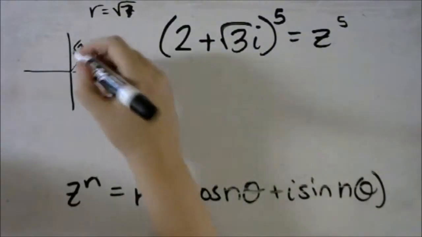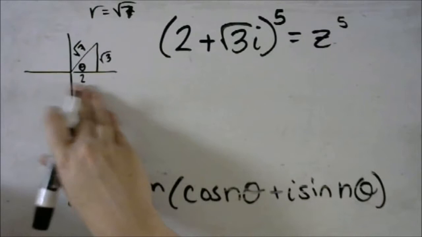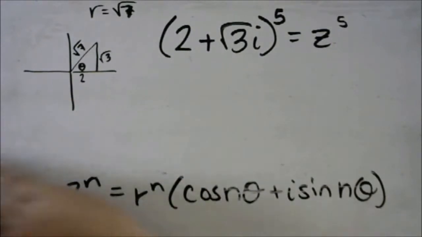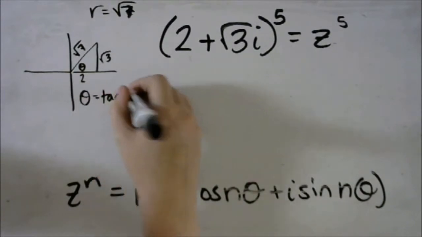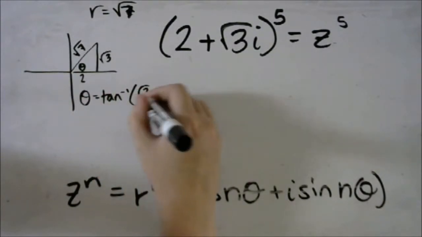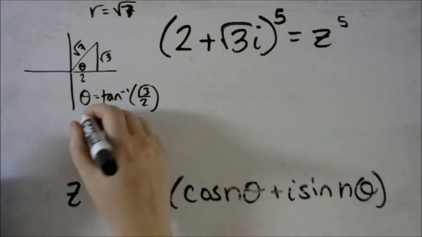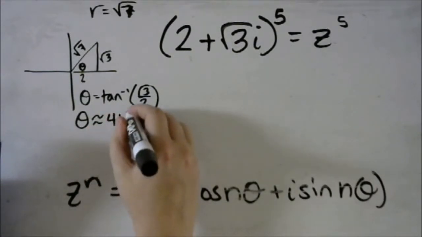The next thing I need to do is find the angle. Because this is in quadrant 1, I won't need to use reference angles or rewrite it in the correct quadrant. I can simply say that theta is equal to the inverse tangent of rad 3 over 2. So let's take a look at what theta would be. For this result, we find that theta is approximately 41 degrees.